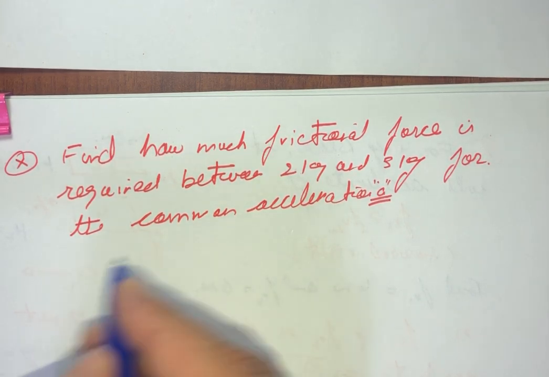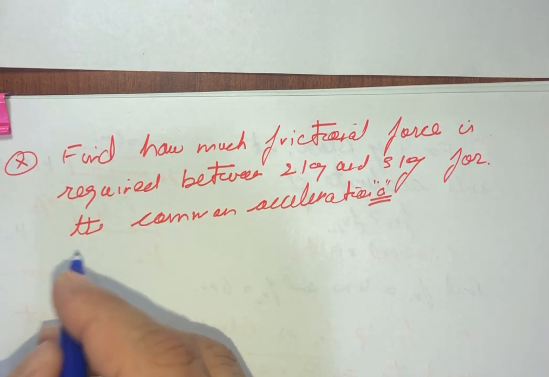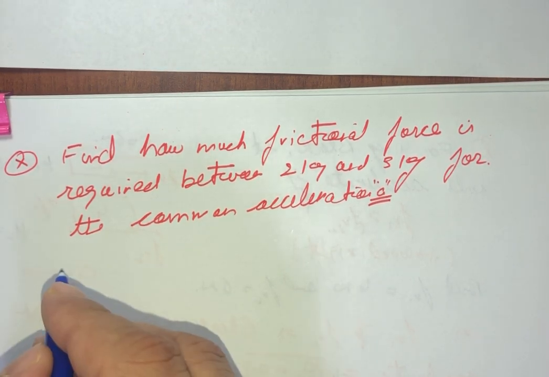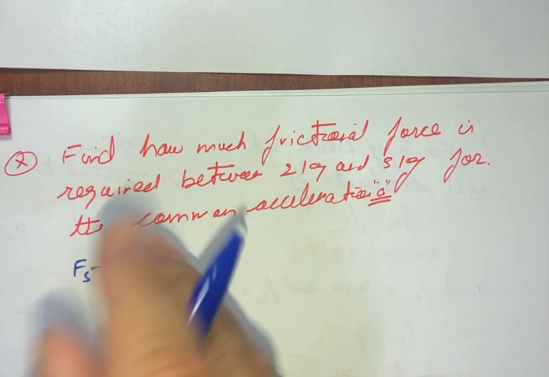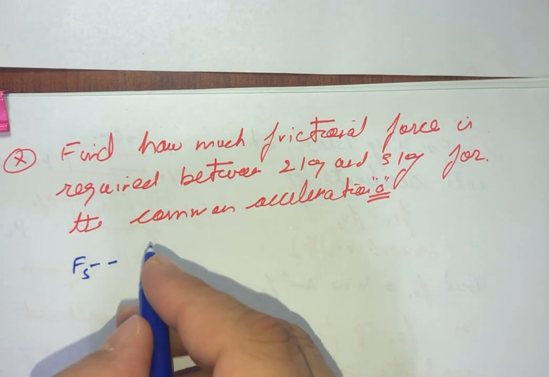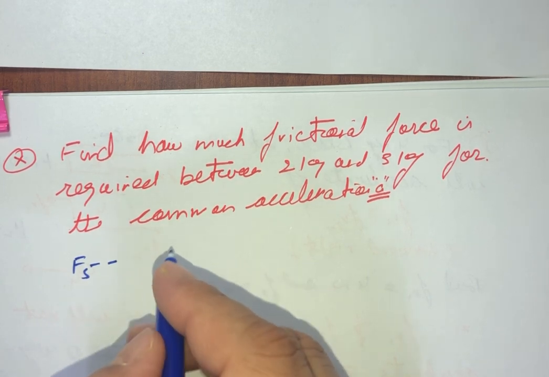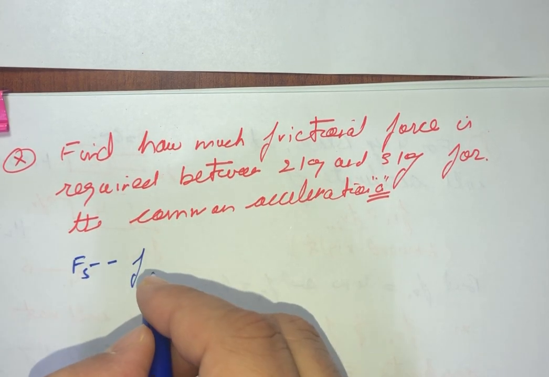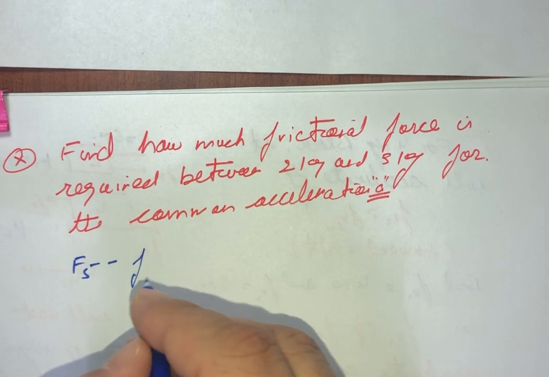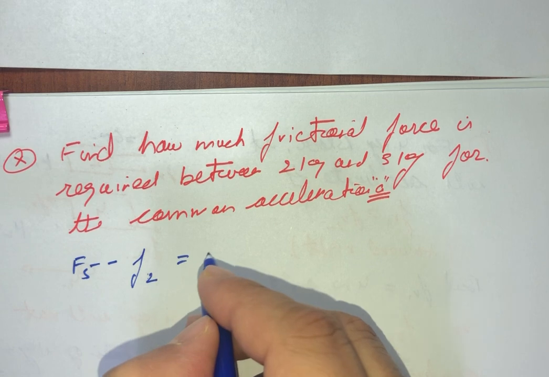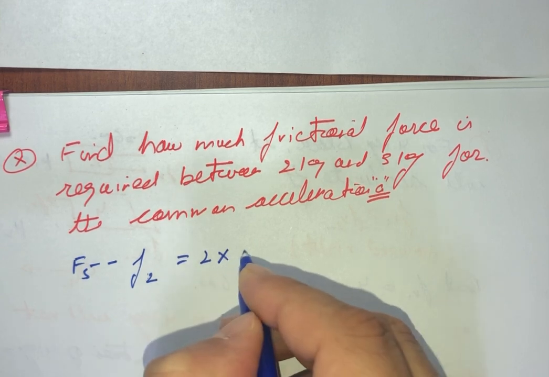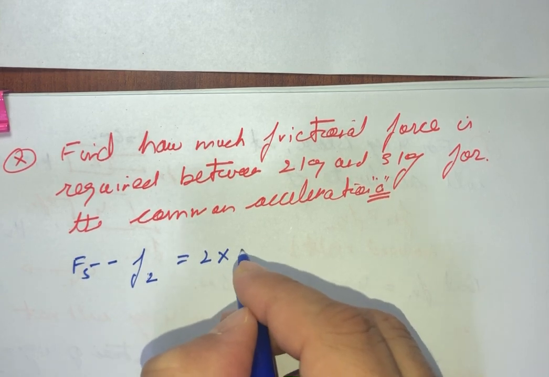So we can write the equation as F5 minus the frictional force F2 is equal to mass, which is 2 kg, and acceleration is coming as 2.